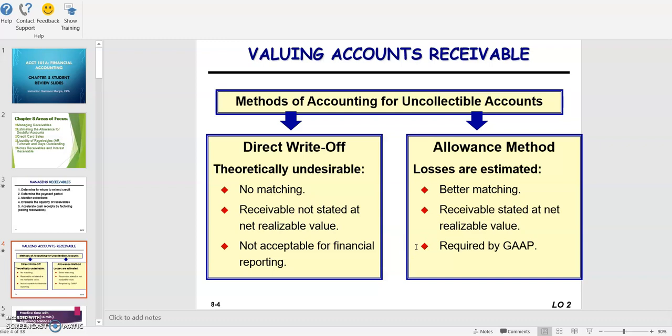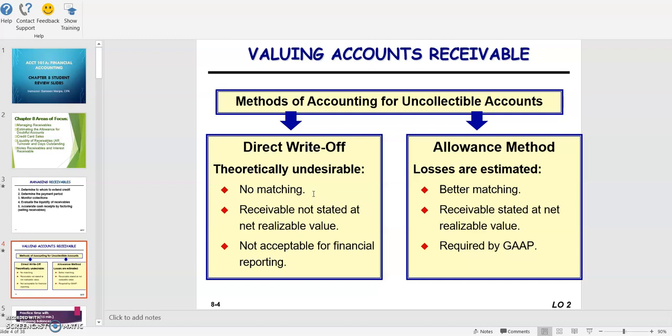With the direct write-off method, basically we're saying that we'll write off the accounts receivable balance whenever the customer tells us that they're not going to be able to pay. But they might not tell you within the same accounting period. They might tell you 2 or 3 years later that they're not going to be able to pay. So your expenses and your revenues will not really be matched.